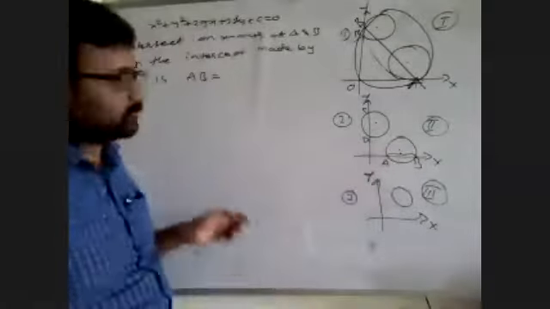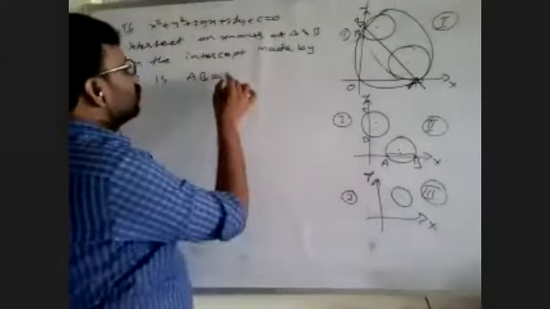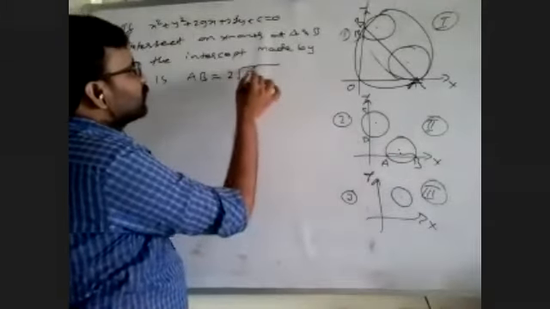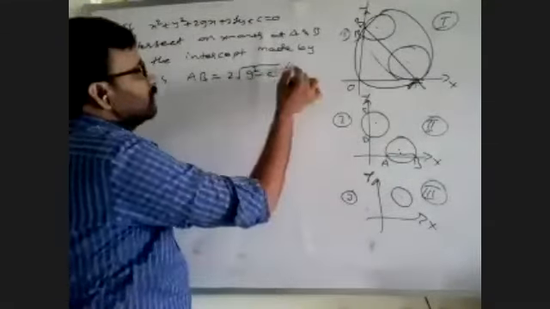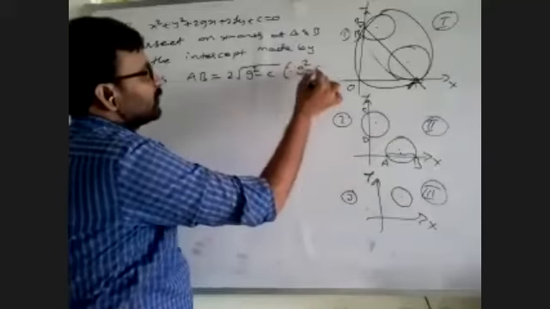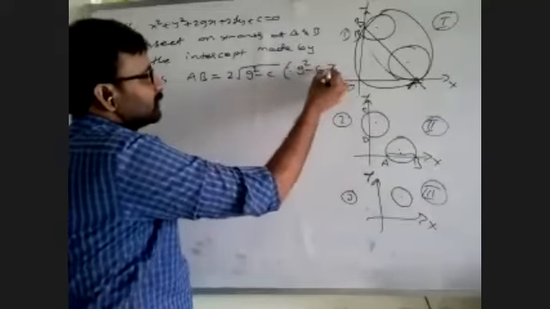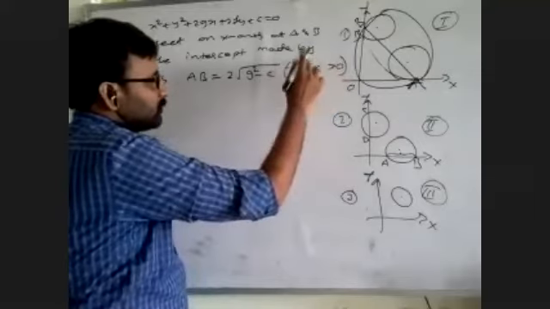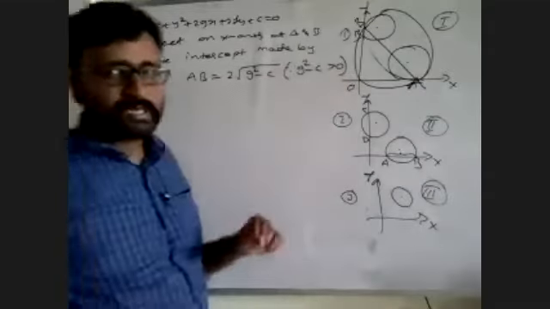AB length intercept is 2 root over g square minus c, where g square minus c is greater than 0.